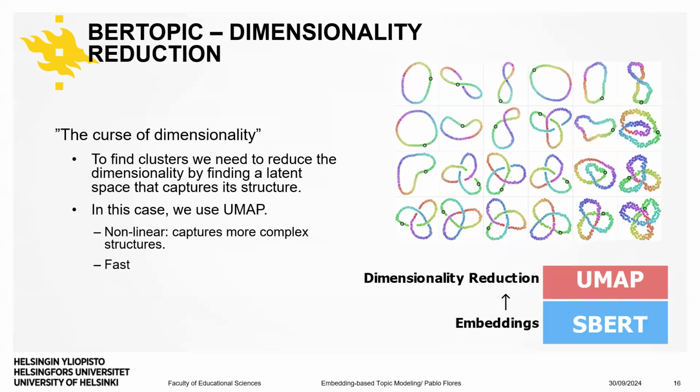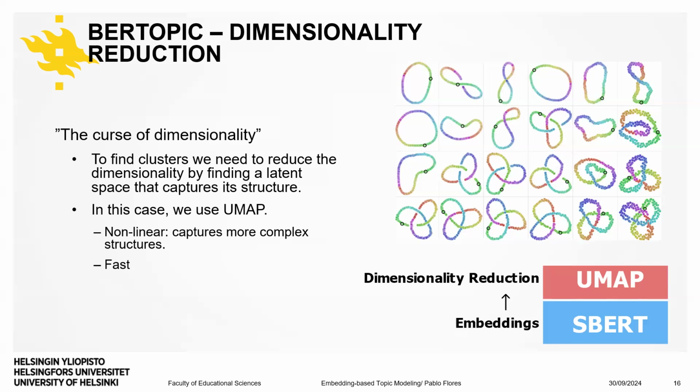Another alternative is principal component analysis, but it's a linear method, and it can enhance some interpretability of results, but in general, it struggles to capture very complex structures or topologies in these high-dimensional spaces.